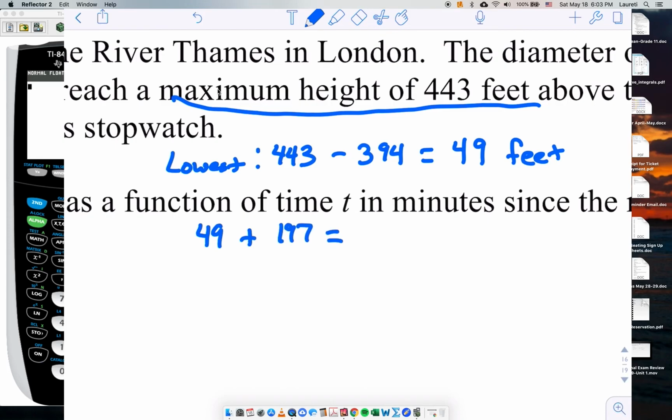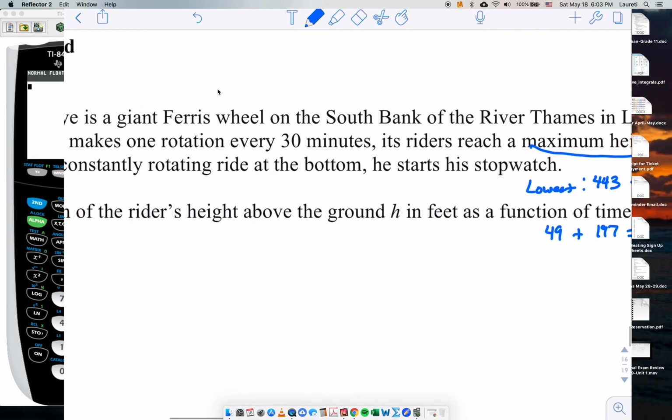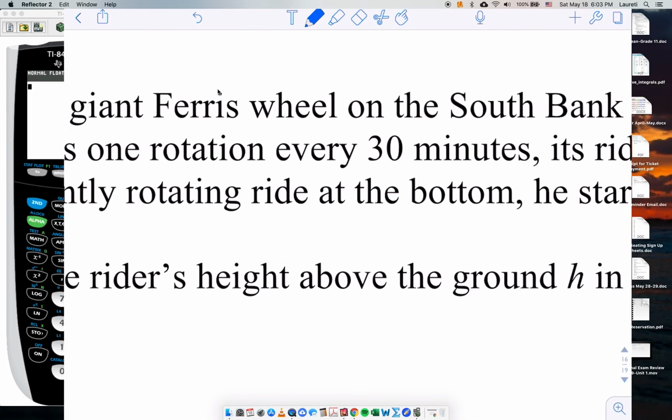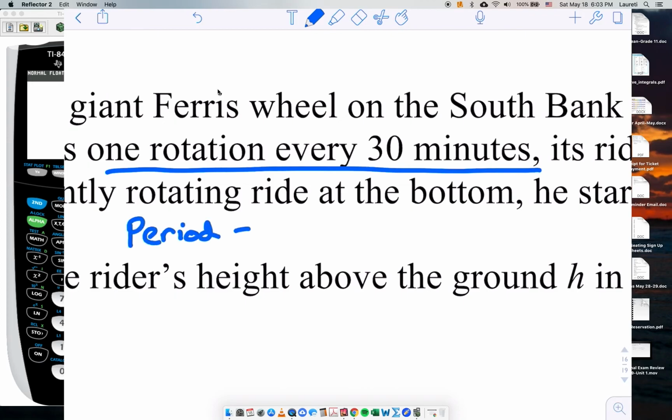So that's going to be 246 feet is my axis. Okay, and then the last piece says one rotation every 30 minutes. So your period is 30 minutes long.